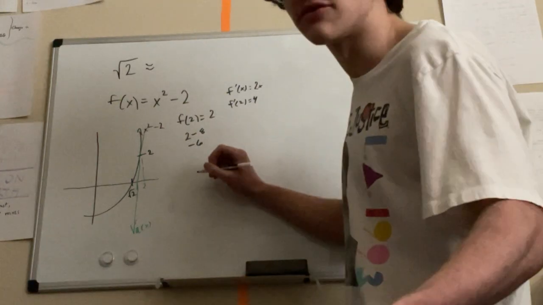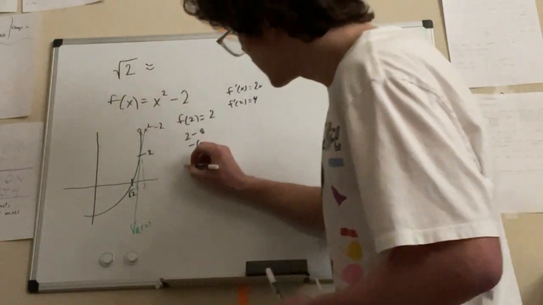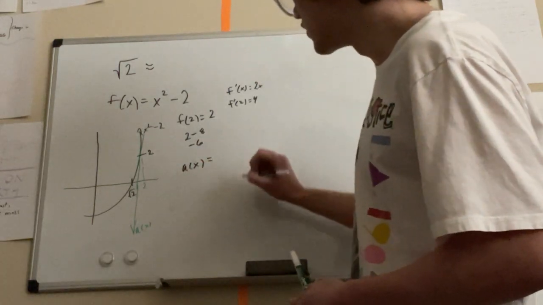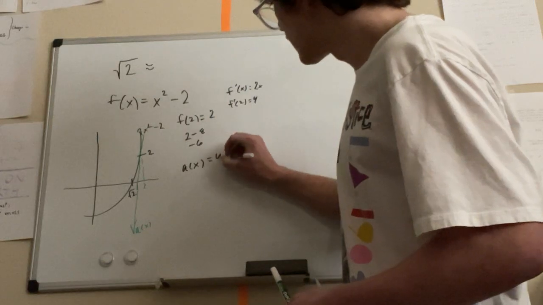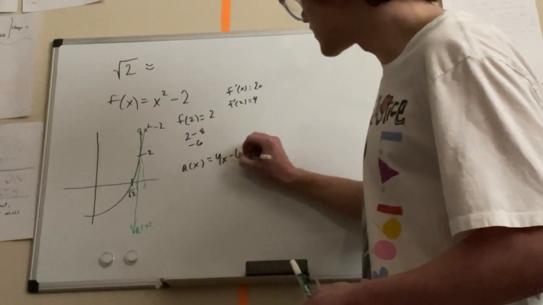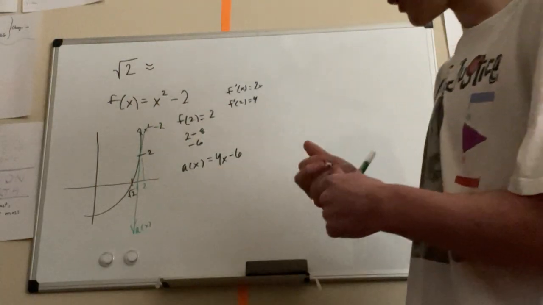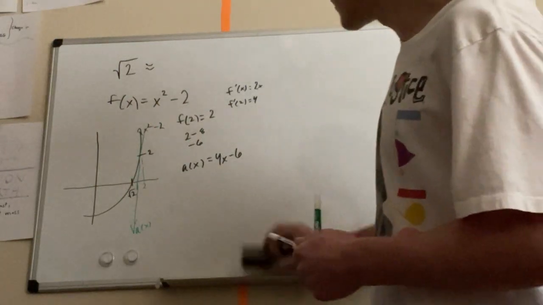Well, it's a function. So, a of x would be equal to 4x minus 6, because the y-intercept is negative 6 and the slope is 4. Alright?